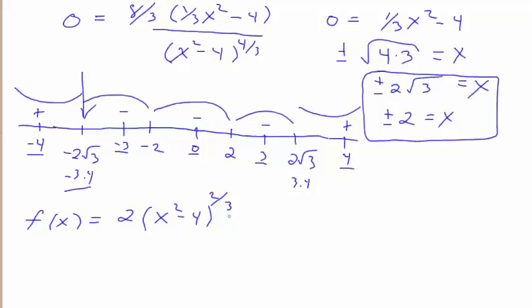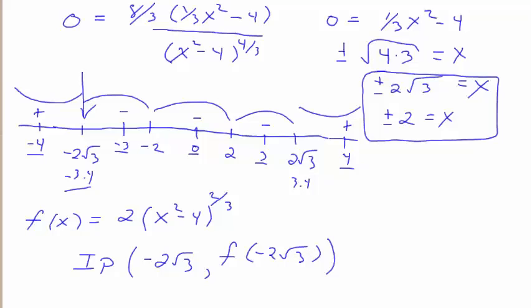It says round to 2 decimal places, so our inflection points occur at negative 2 square roots of 3, but it's asking for the decimal representation, so remember that. That's one inflection point, and the other will be with the positive 2 times the square root of 3.